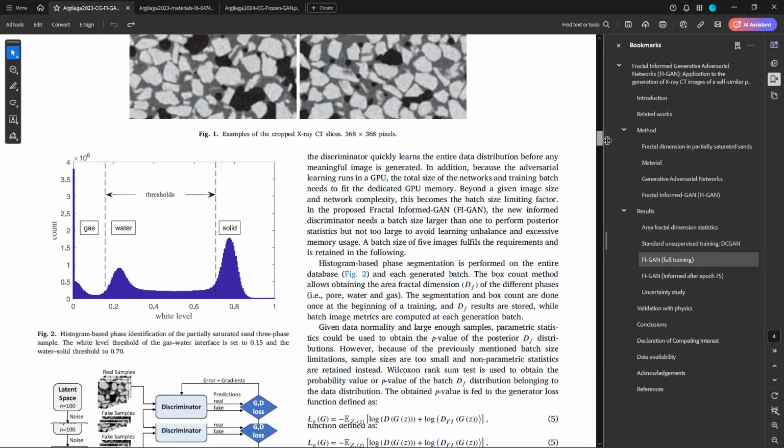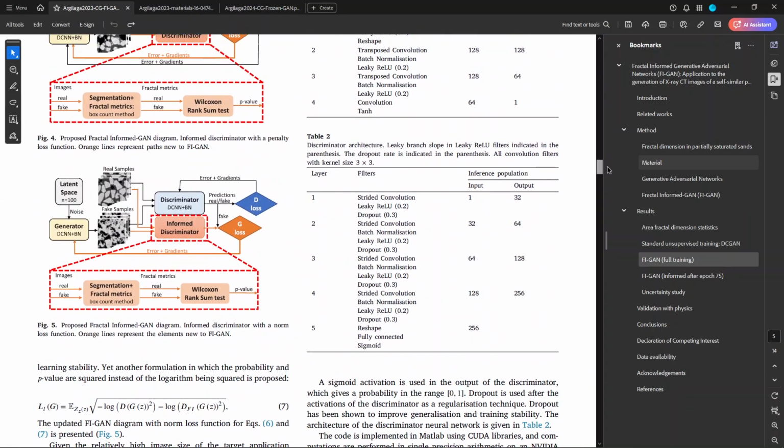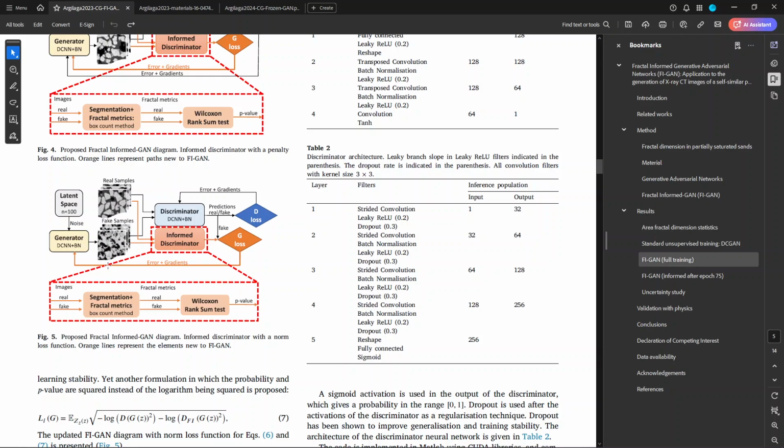So that's what we are doing. We are assuming that fractal dimension is a good surrogate of permeability. We compute fractal metrics of these images, and then we compute the Wilcoxon rank sum test. Why do we use Wilcoxon? It's because the batches we're using are less than more or less 32 images, so we cannot use statistics that assume some kind of distribution.